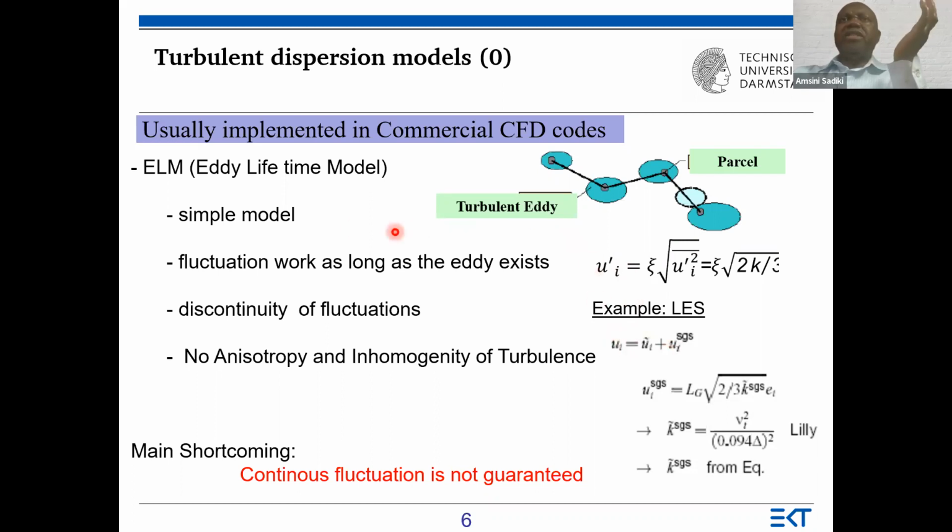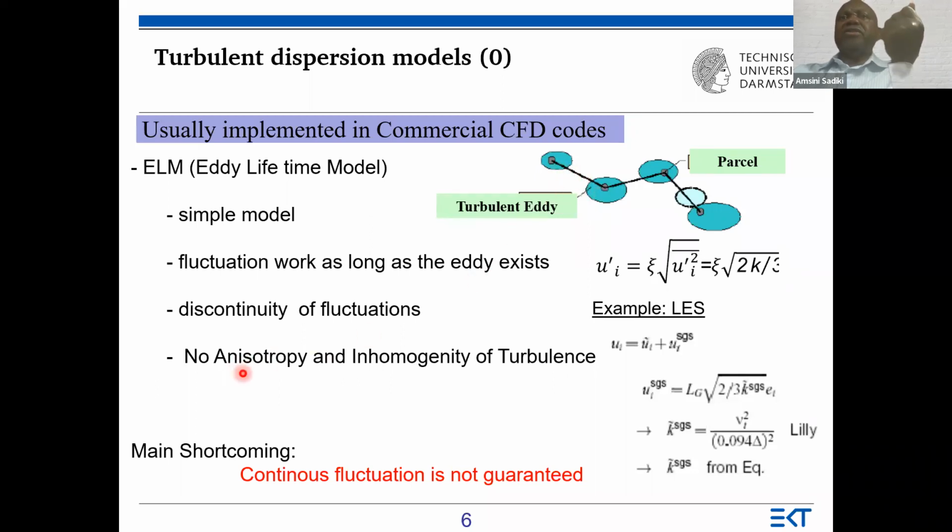So this model is very simple. The fluctuation works as long as the eddy exists, so during the lifetime of the eddies, but it is discontinuous, as we see, between two events, where there is no interaction with the eddies.